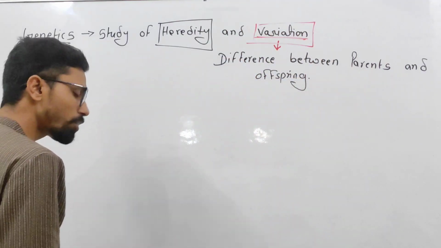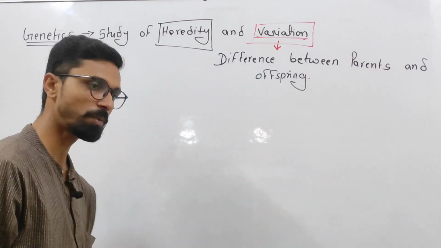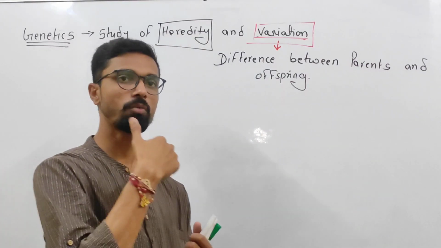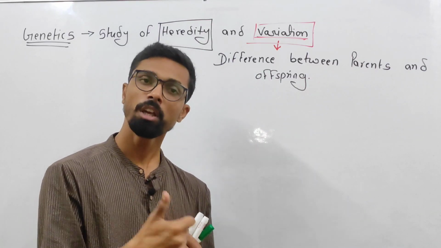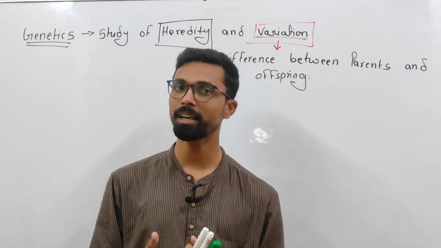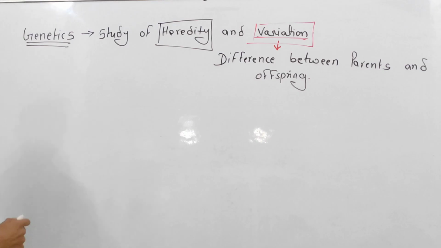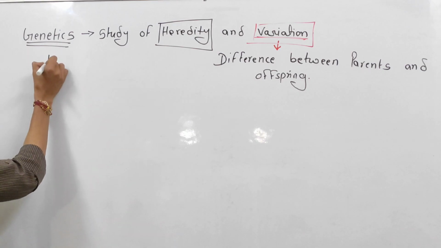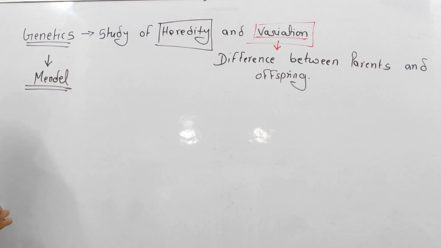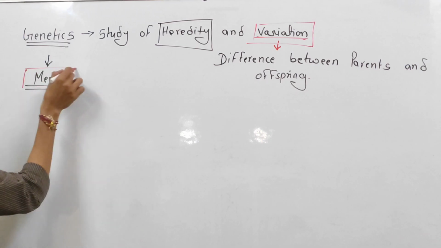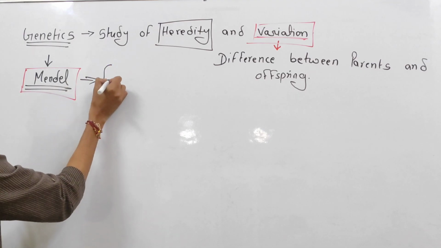So for genetics we can also write: the study of characters which transfer from parents, or one generation, to another generation, along with the study of differences between parents and offspring. It is called genetics. The term was given by the scientist Georg Johann Mendel, who is also called the father of genetics.